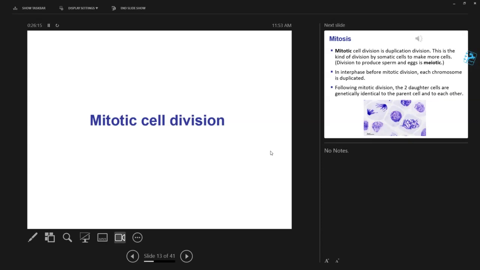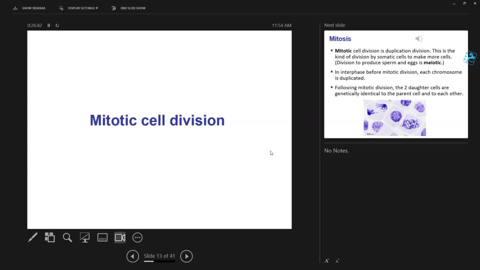It's just in females, it's a little different. Same kind of thing, two divisions, but in the ovaries of a female, after the first division, one of these dies. And then the remaining one, the surviving one, divides the second time. And one of these dies.